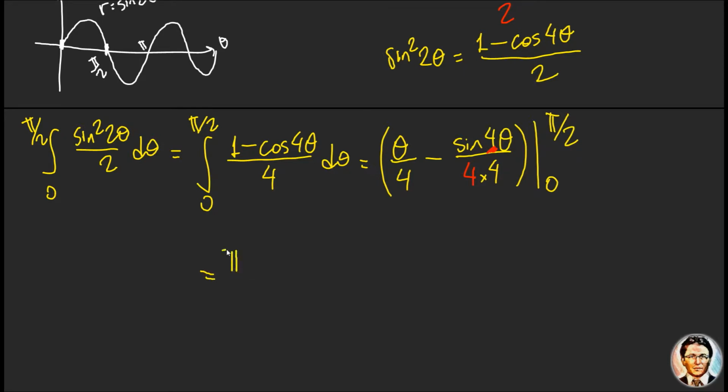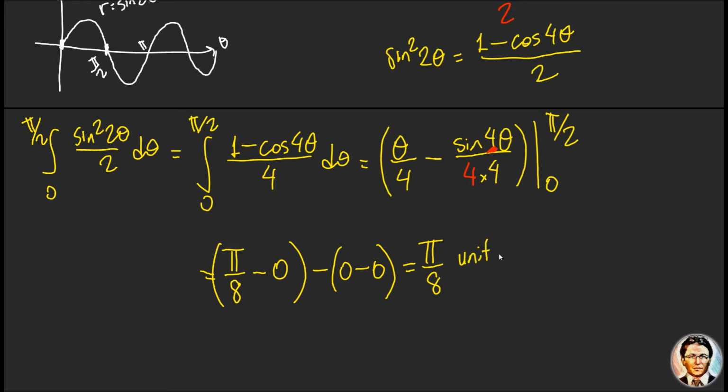So we have π/8 minus sin 2π over 16, which is 0, and the other expressions are also 0. So π/8 square units is the area of one petal.